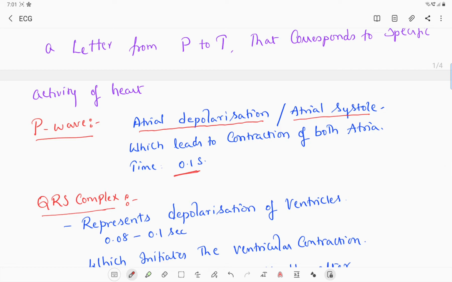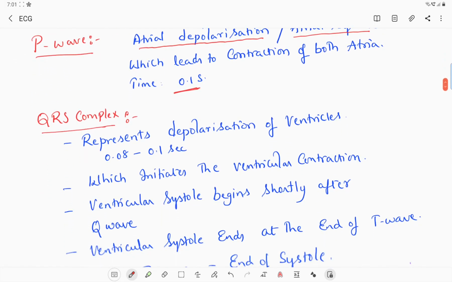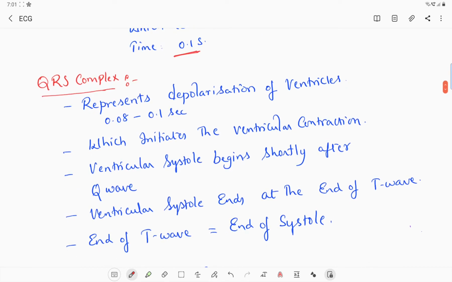Next one is the QRS complex. QRS complex represents depolarization of ventricles. The time taken for QRS complex is 0.08 to 0.1 second. QRS complex initiates the ventricular contraction.